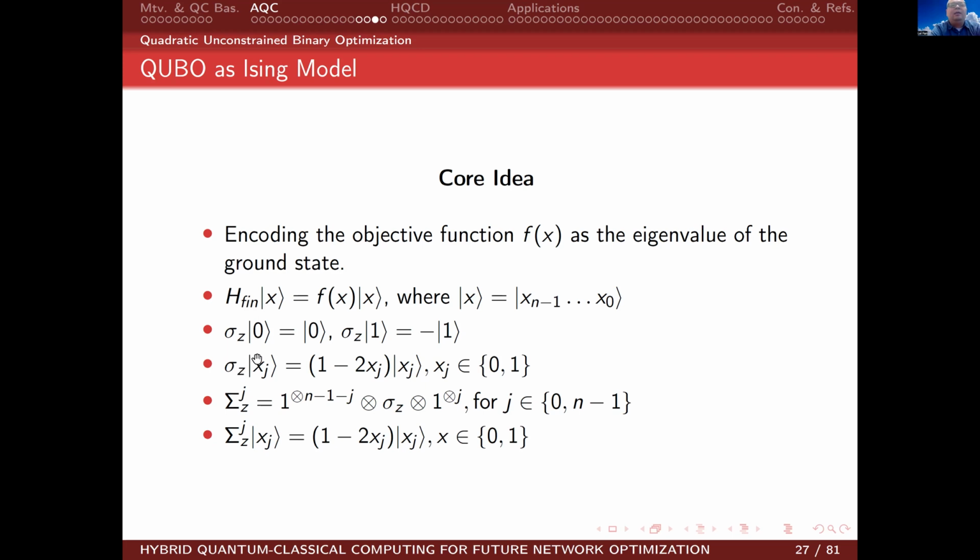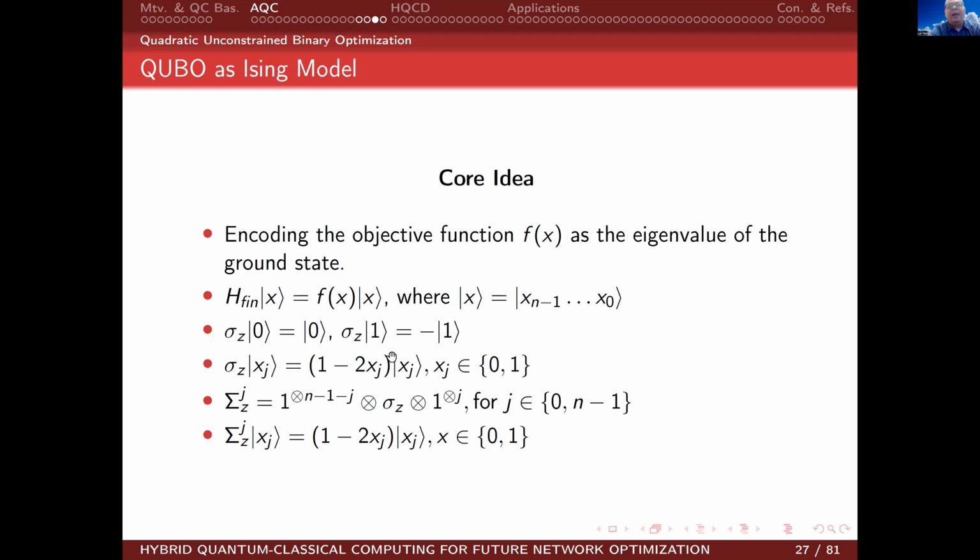Notice the Pauli Z is a matrix. This matrix essentially is a mapping, and the qubit ket x_j actually is a vector. So this matrix multiplied by a vector gives you another new vector. In order to generalize the vector 0 and the vector 1, we use 1 minus 2x_j. This x_j is 0 or 1, a scalar value.